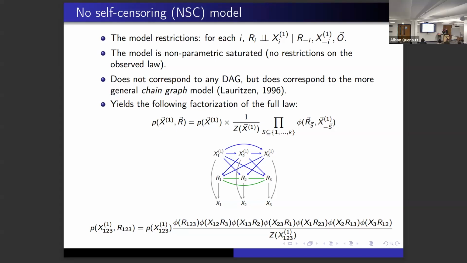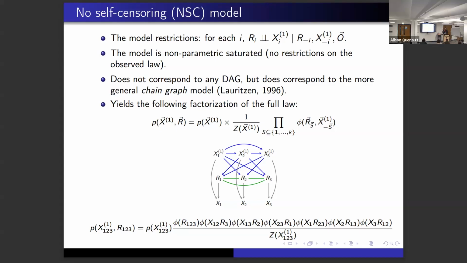And the kind of factorization you get here looks like this. If you're familiar with the Markov random field literature, it looks like a two-level factorization, where you can think of variables in blocks of undirected edges, and the outer factorization is like a DAG. But then each block further factorizes like a conditional Markov random field. So here, in particular, the block of the Rs, conditional on the Xs, looks like a conditional Markov random field, with a normalizing function that depends on the Xs and clique potentials.